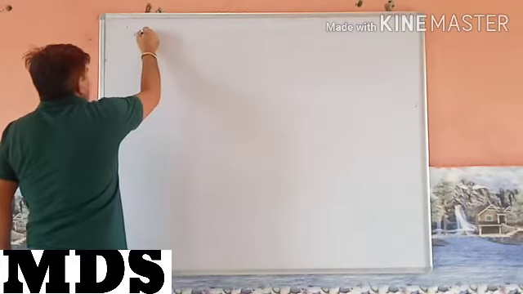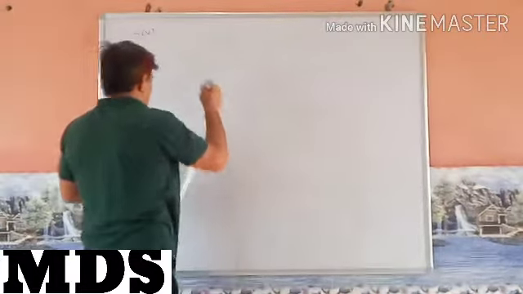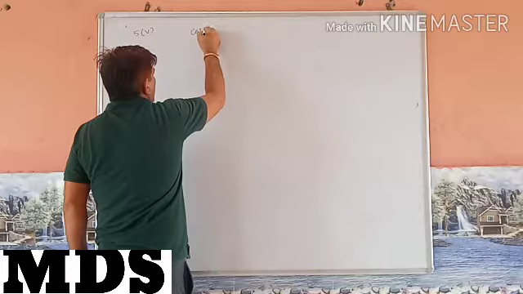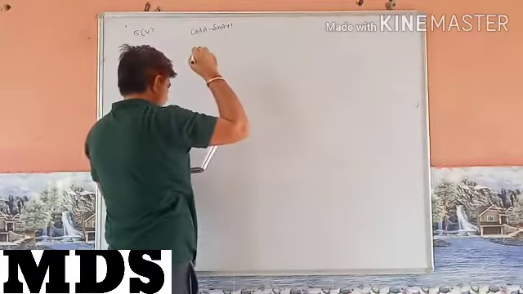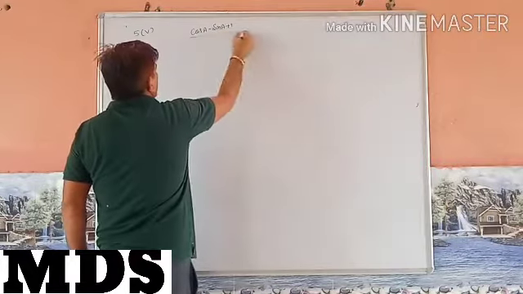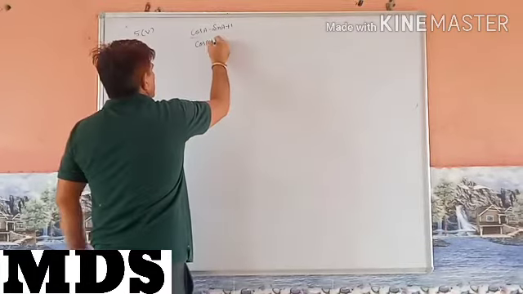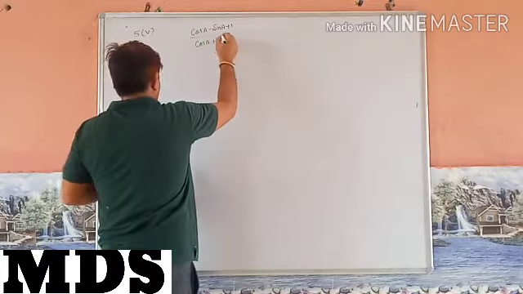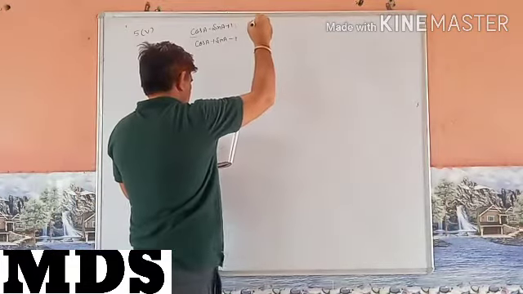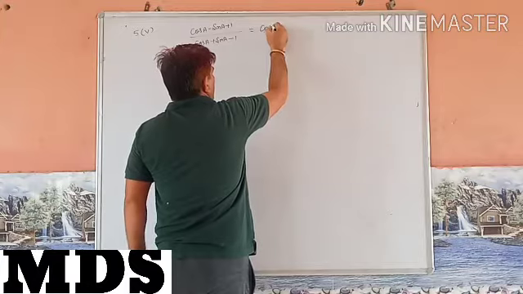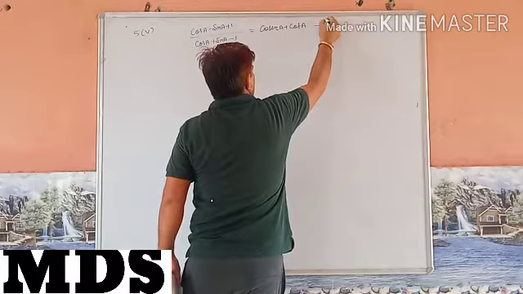Fifth question, fifth part. Prove that (cos A minus sin A plus 1) by (cos A plus sin A minus 1) is equal to cosecant A plus cotangent A. This is the first.